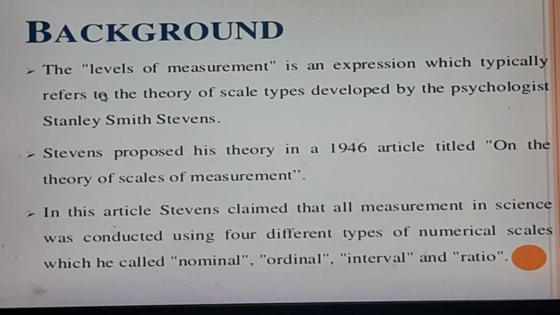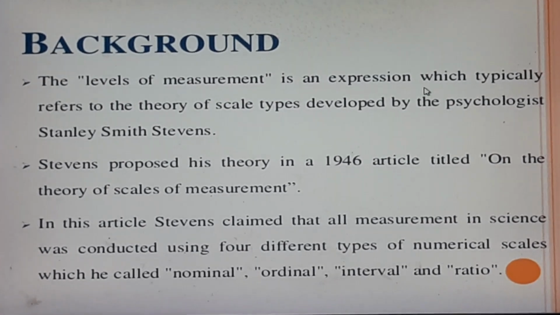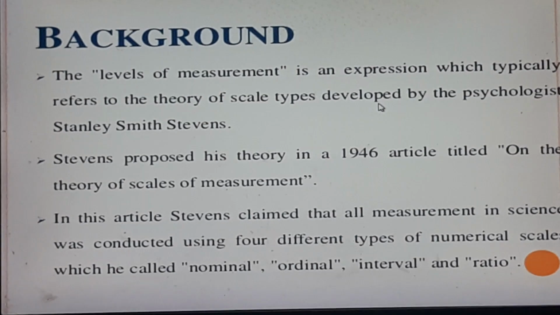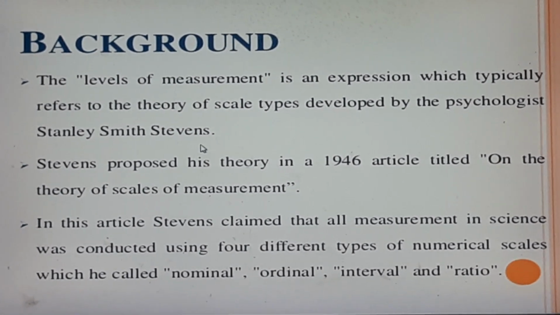Now we shall discuss what is measurement scale. First we shall see the background of measurement scale. Then we shall discuss what is measurement scale. Background. The levels of measurement is an expression which typically refers to the theory of scale types developed by the psychologist Stanley Smith Stevens.